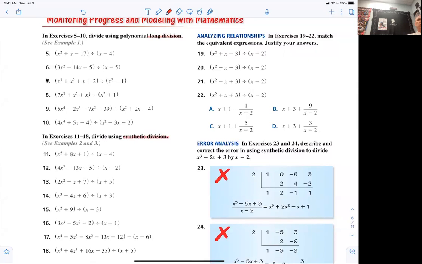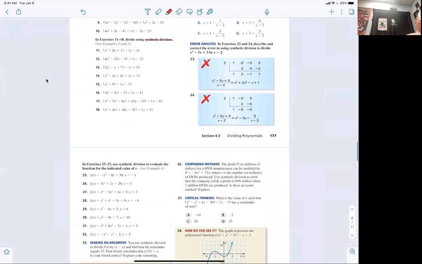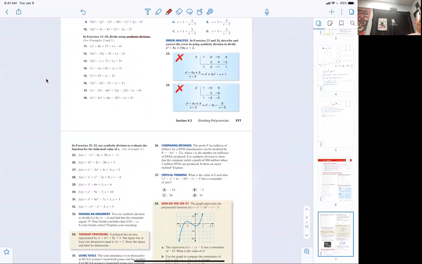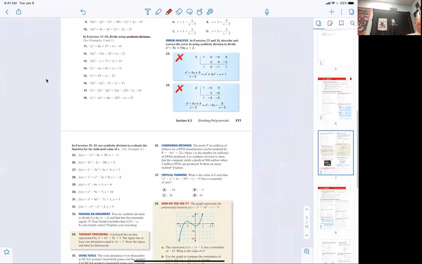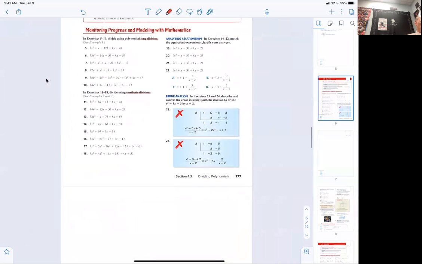Of course, synthetic division is the way to go because it's the easiest. But what I would like you to do is add a page here in between so we can get started.